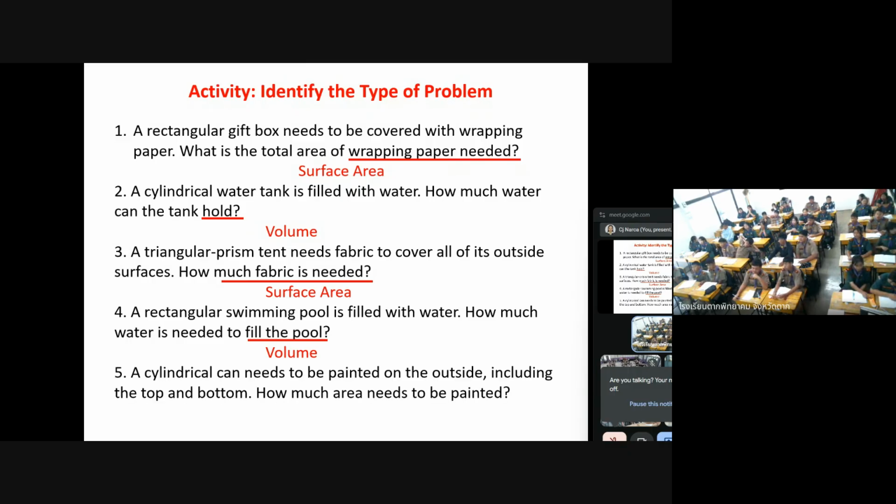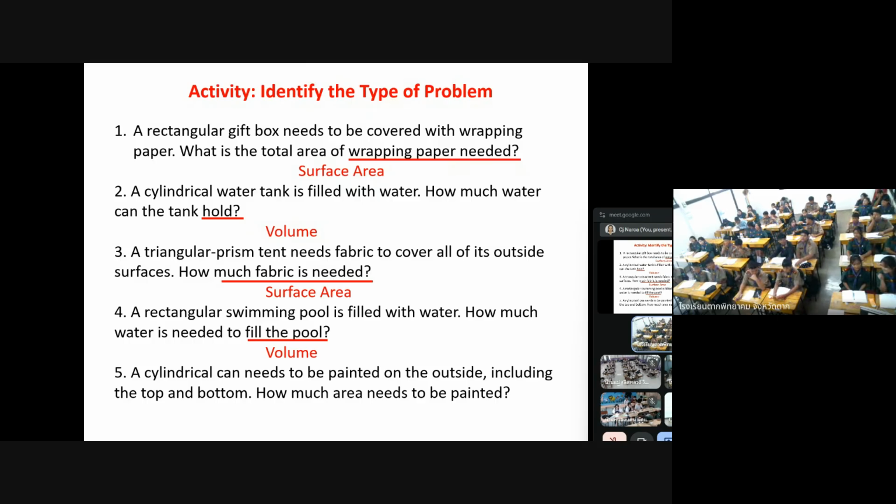Okay, next, last one. A cylindrical can needs to be painted on the outside, including the top and bottom. How much area needs to be painted? So what is this? Surface area or volume? Who said surface area? Who said volume?